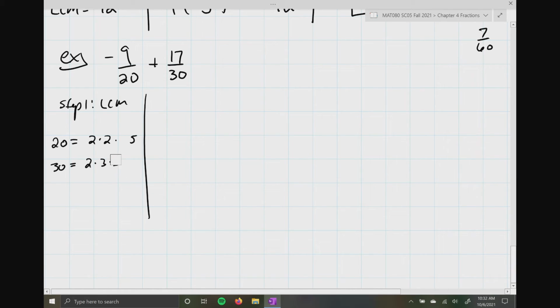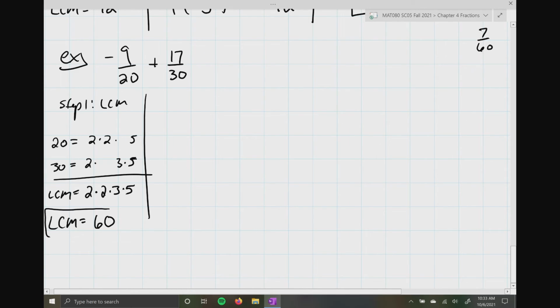All right, so let me give myself a little bit of space here. My LCM, if I come straight down, will be 2 times 2 times 3 times 5, which is 60. All right, how are we looking so far, everybody?